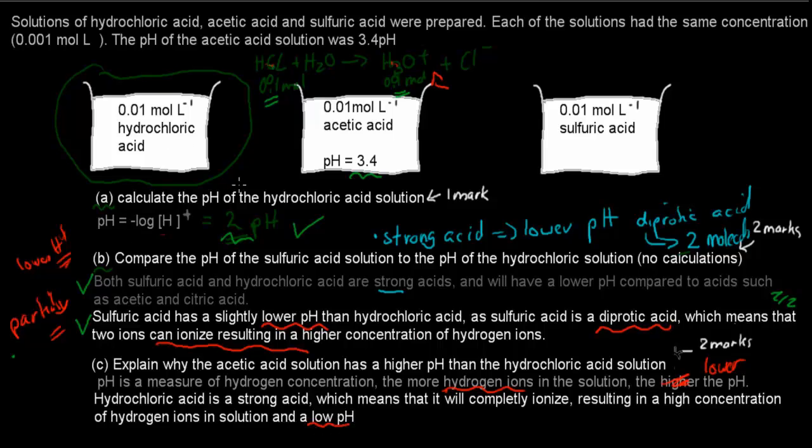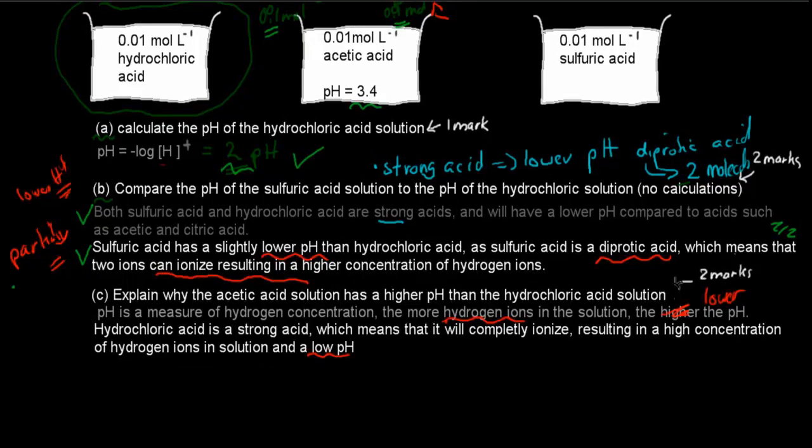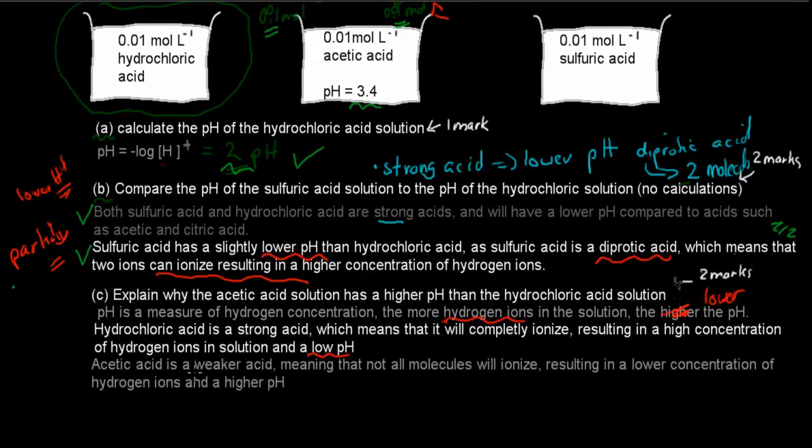That's why the hydrochloric acid has a relatively low pH, because it completely ionizes, which means you have a high concentration of hydrogen ions. Whereas acetic acid is a weaker acid, meaning that not all molecules will ionize, resulting in a lower concentration of hydrogen ions and a higher pH.